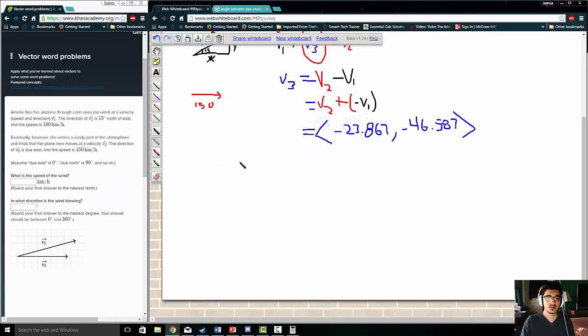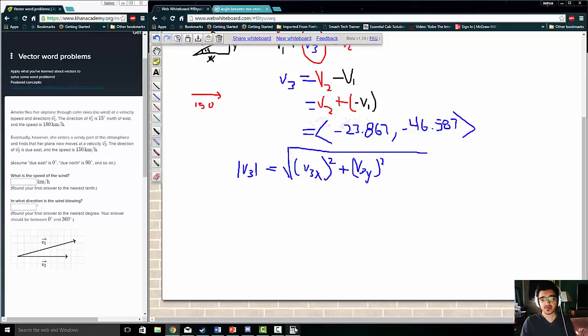We're going to do the magnitude of v3. To save me from writing the numbers, I'm just going to put v3x, referring to the x component, and v3y, referring to the y component. I want to square both.